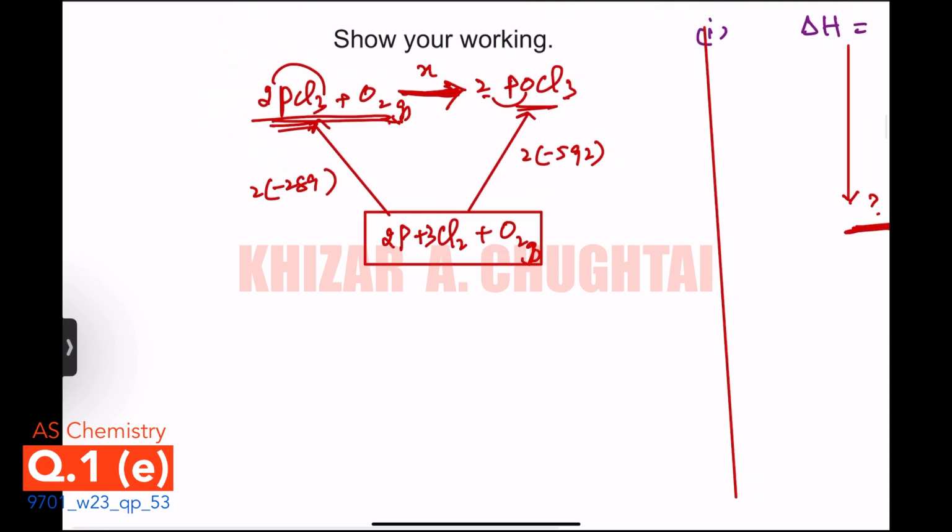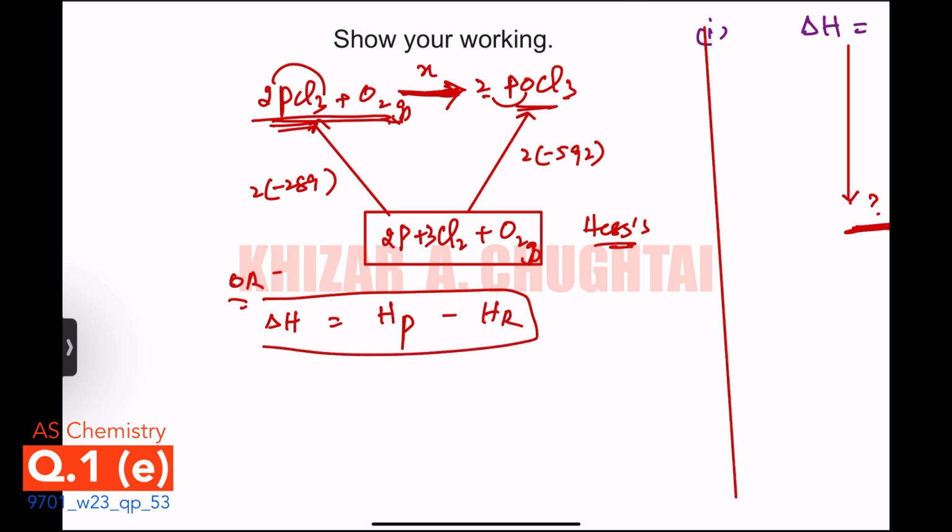So now I can apply Hess's cycle, or simply there is another way out, that delta H is equal to enthalpy of the product minus enthalpy of the reactant. Or you can use Hess's cycle or Hess's rule, or you can use this formula as well.